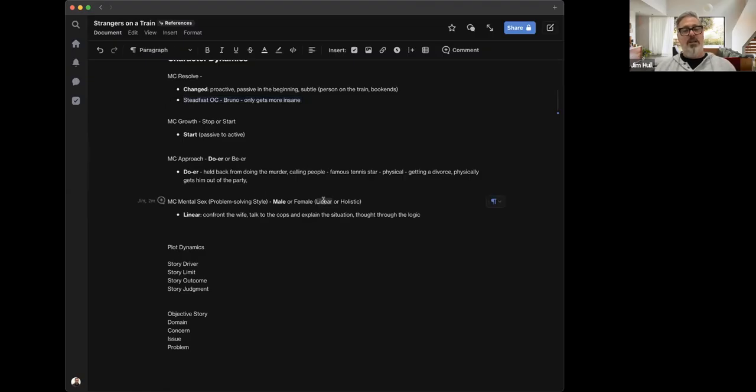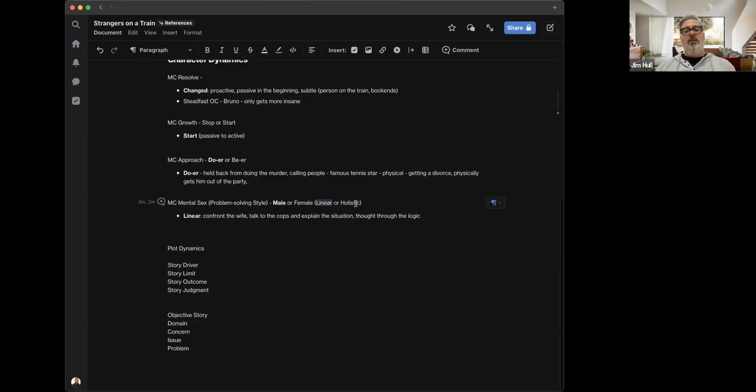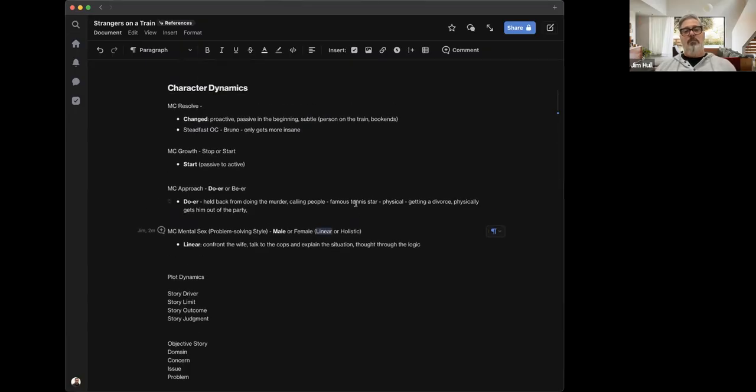The linear has a different thing that it does to the story form. Certainly it's easier to show how linear is working when shown in context of holistic, like if somebody else has the holistic way of looking at things. But behind the scenes, these are all doing things to manipulate the story form and to flip things around and do all that kind of stuff.